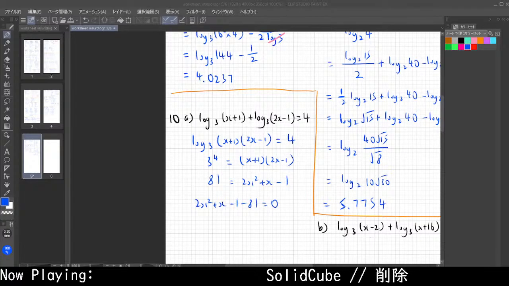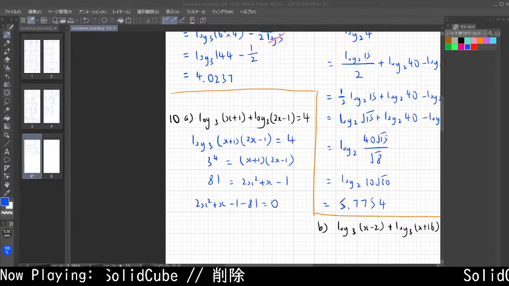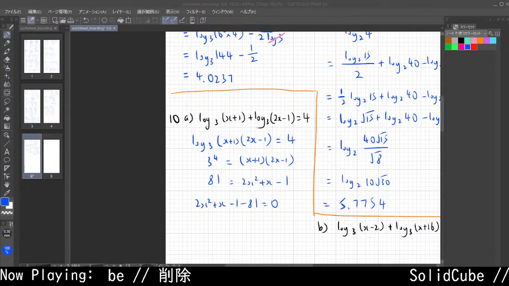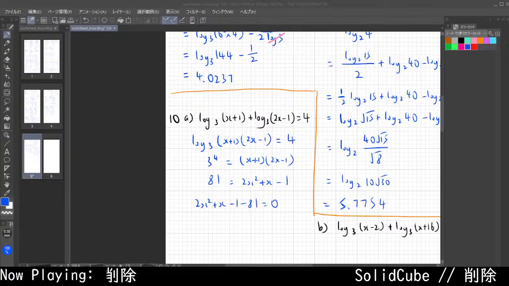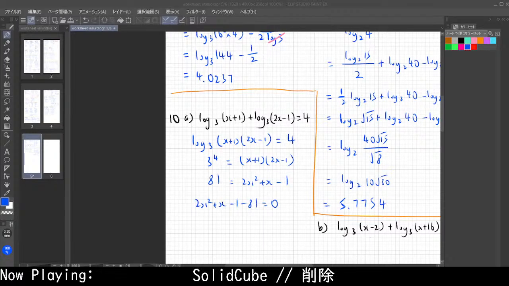Sorry for the delay. Okay, it says dong now.